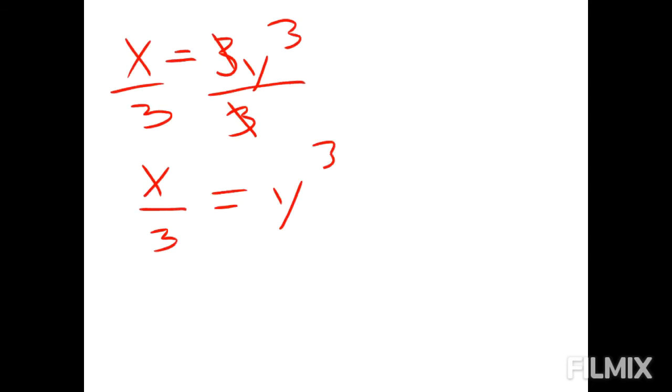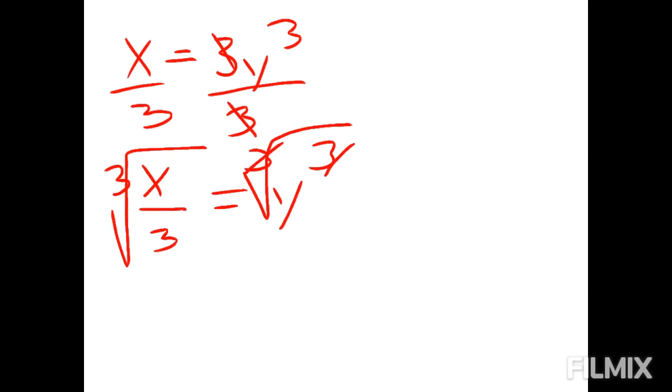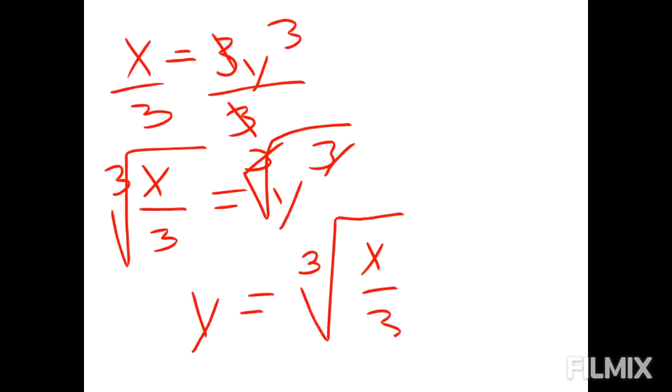Since we have the exponent in our y, we need to get the cube root of both sides of the equation. Then we can cancel this, and the y will be equals to the cube root of x over 3. And we will not stop on that.